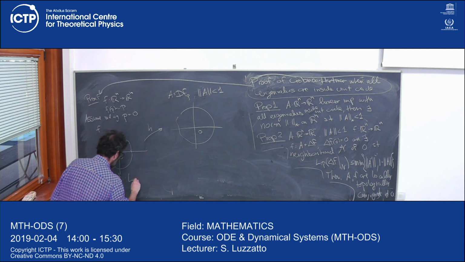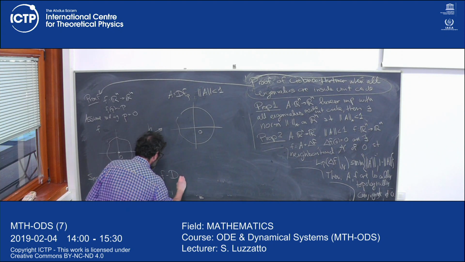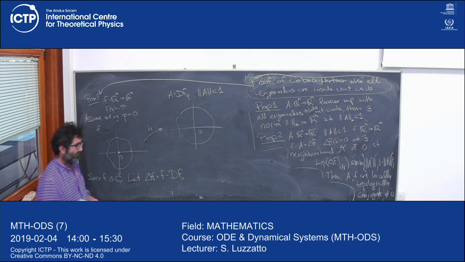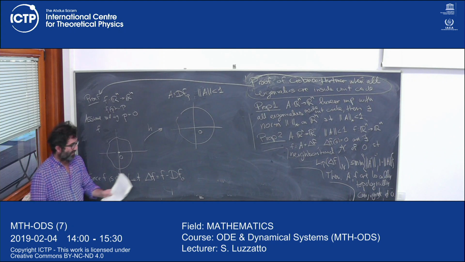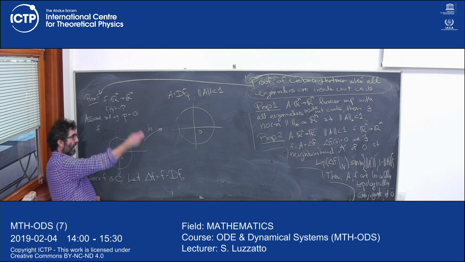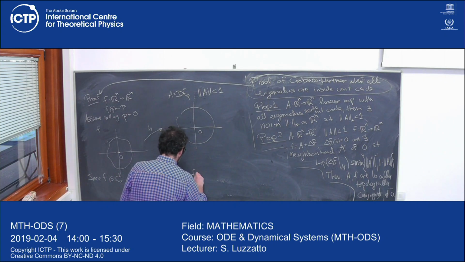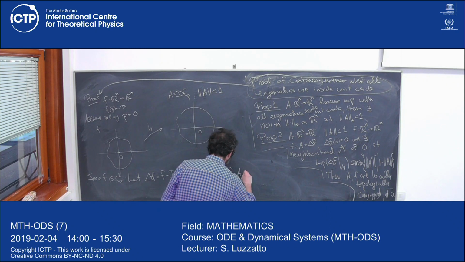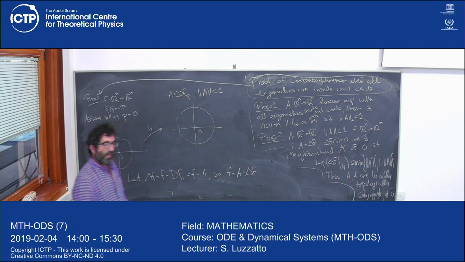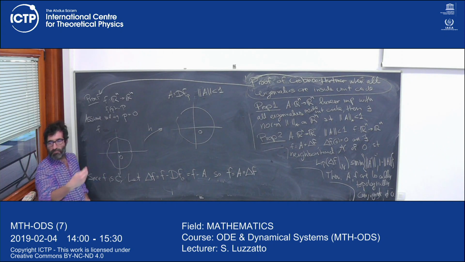Let delta f be equal to f minus df of 0. We have this map f from Rn to Rn, which is equal to A plus delta f. So in other words, we can write f as the linear map A plus some delta f.